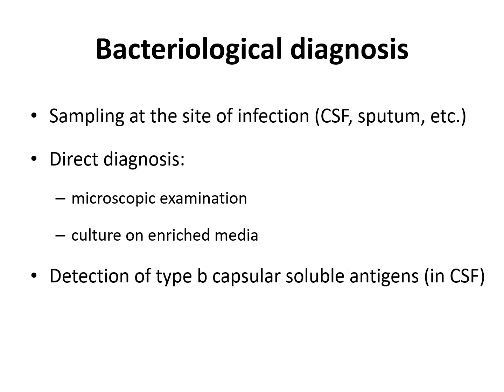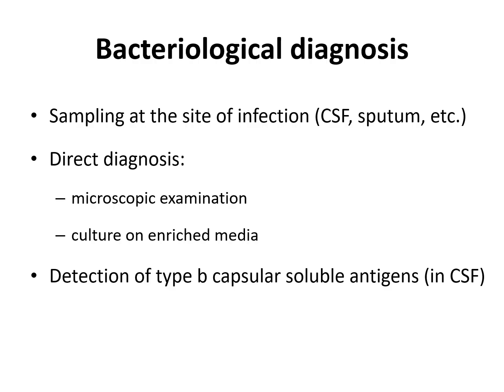How do you make a bacteriological diagnosis? The first step is taking a sample from the site of infection. This could be cerebrospinal fluid for suspected meningitis or sputum for respiratory infection, like in our case.